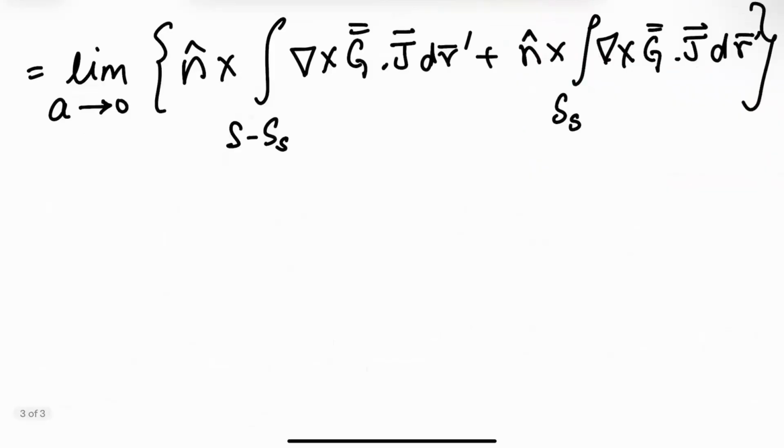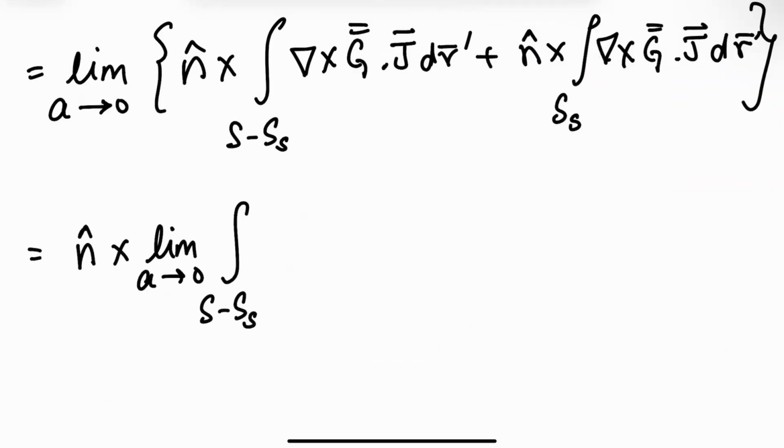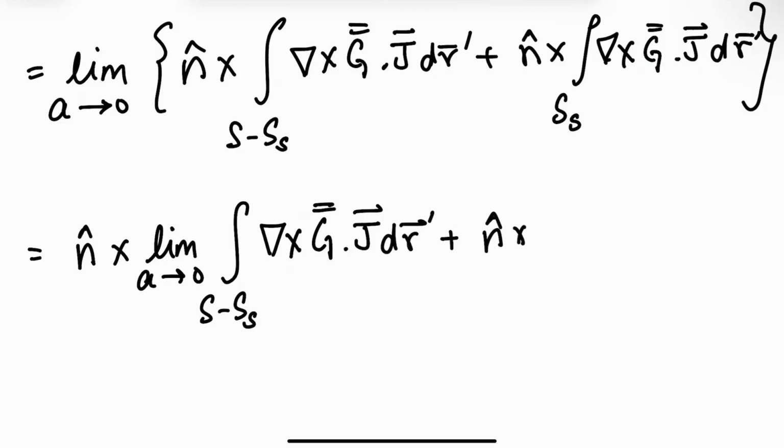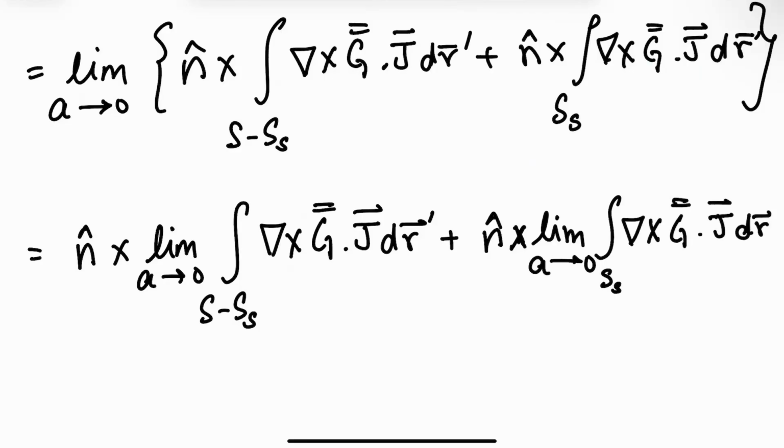Okay, so I'll divide this into two parts. n hat cross limit a tends to 0 of the integral over S minus SS of curl of G dot J dr prime, plus n hat cross limit a tends to 0 of the integral over SS of curl of G dot J dr prime.